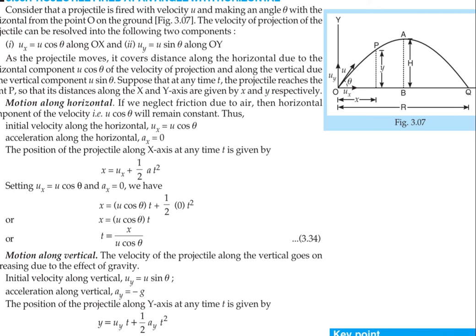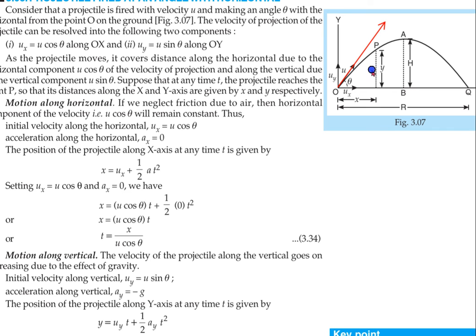Initially the particle moves in a straight line for a moment, and after a few seconds it will fall back to the ground and follow a parabolic path. It is clear from the diagram, so we'll prove this in mathematical form.